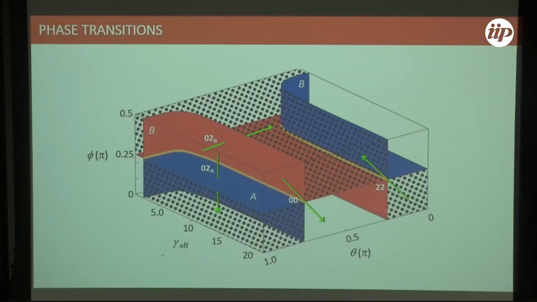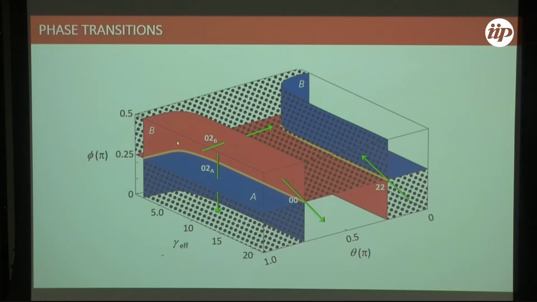Okay, and that leads us to another topic regarding this phase diagram, which is the type of phase transitions that are allowed. So we see here that we have basically three types of phase transitions.